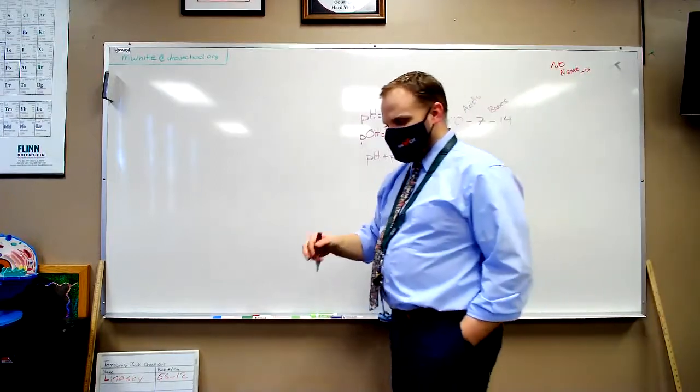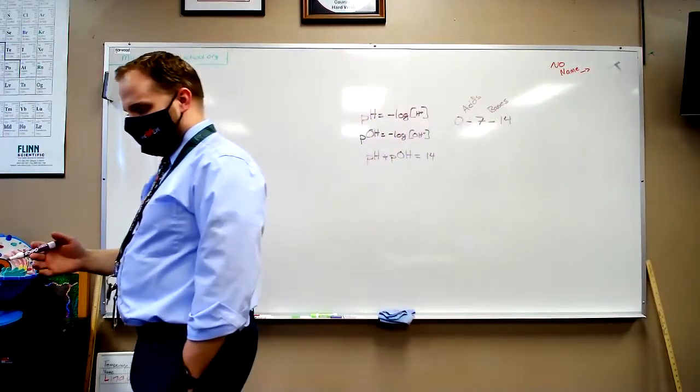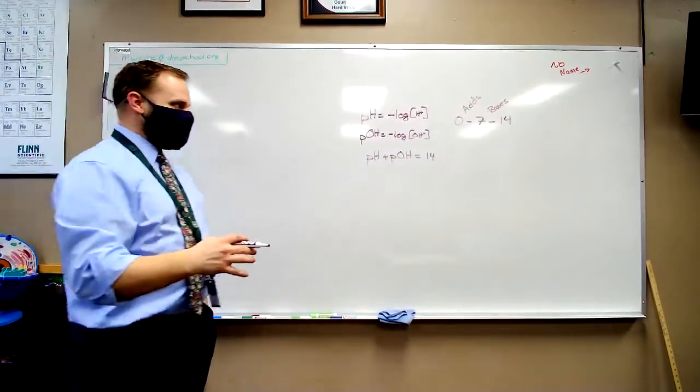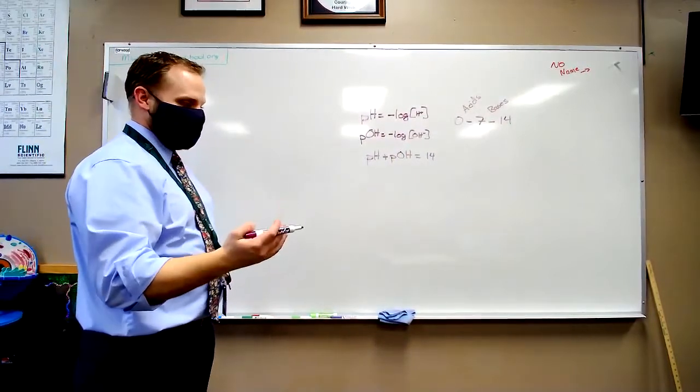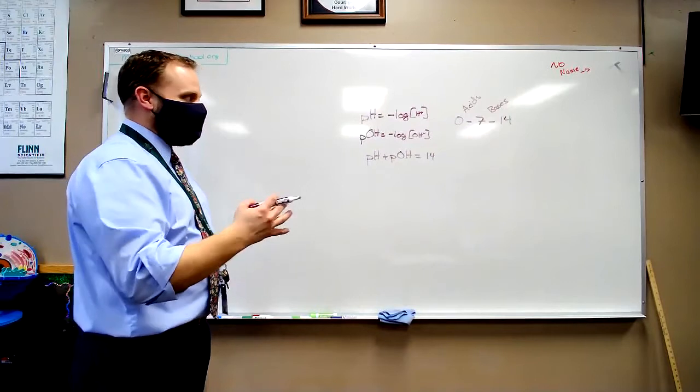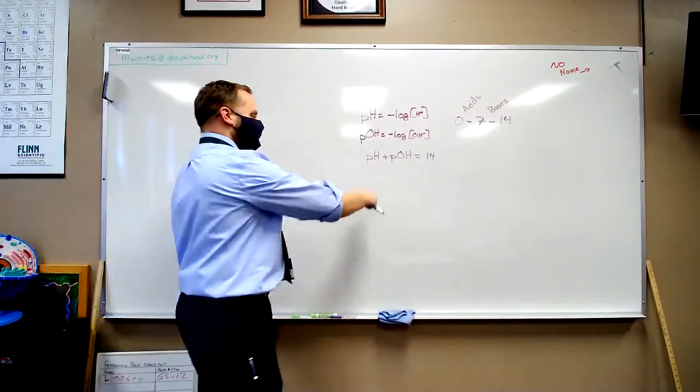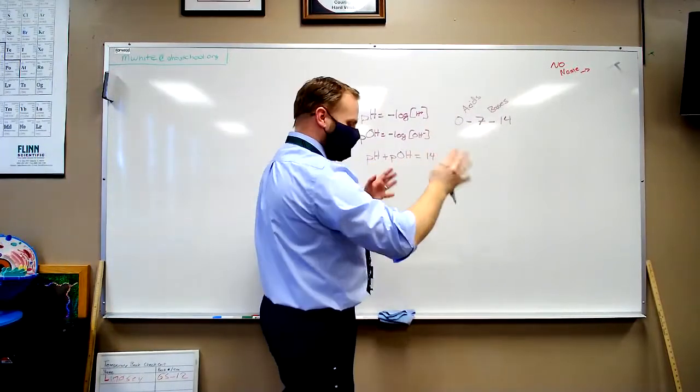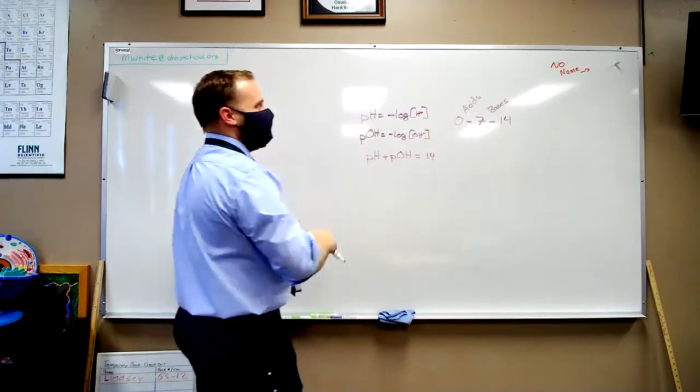If something has a pH of 8, the pOH is going to be 6. If you add pH and pOH of the same solution, it will always add to 14.